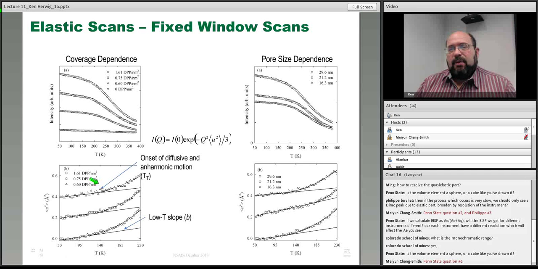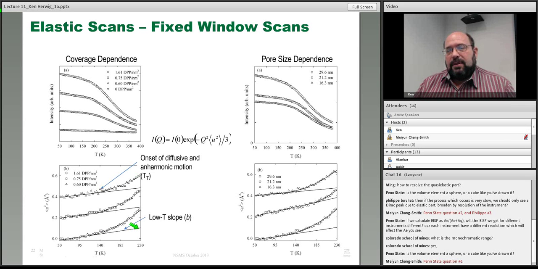If you have a potential that's harmonic and very deep, then your system is going to go to higher and higher temperatures before you start moving your atoms far enough up in that potential well to either experience its anharmonicity or to diffuse out of that well and see diffusive motions. So this transition temperature essentially is a measure of the depth of the potential well that your atoms are sitting in.